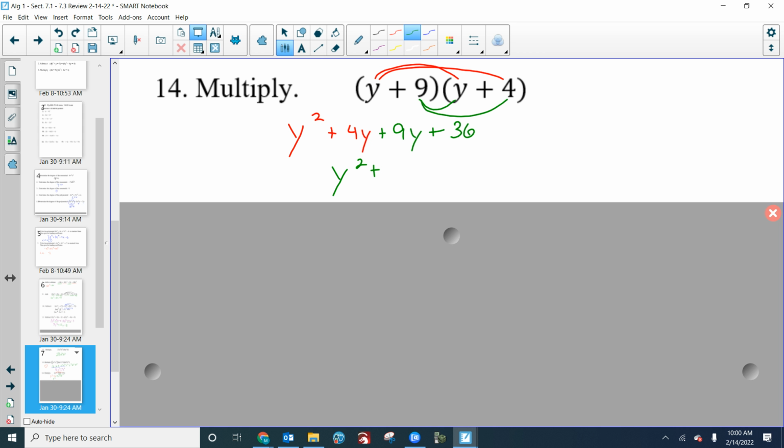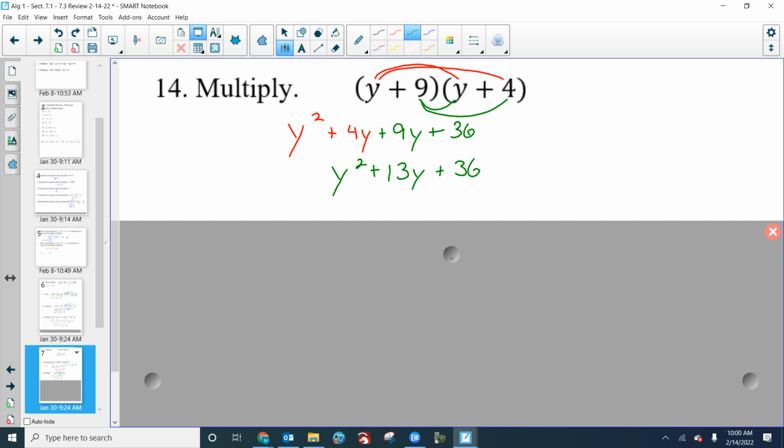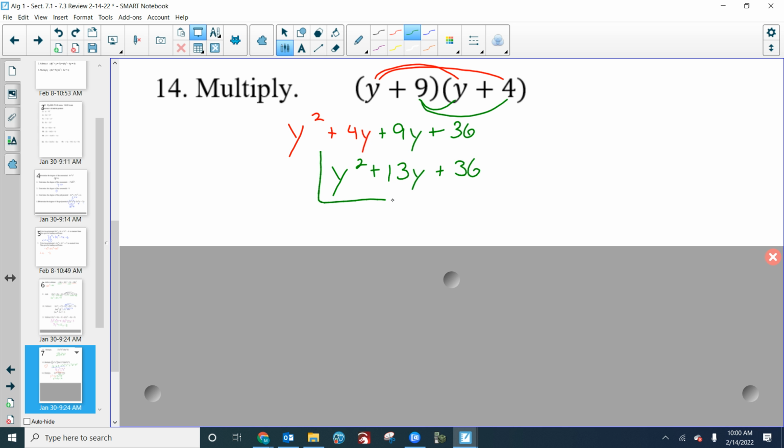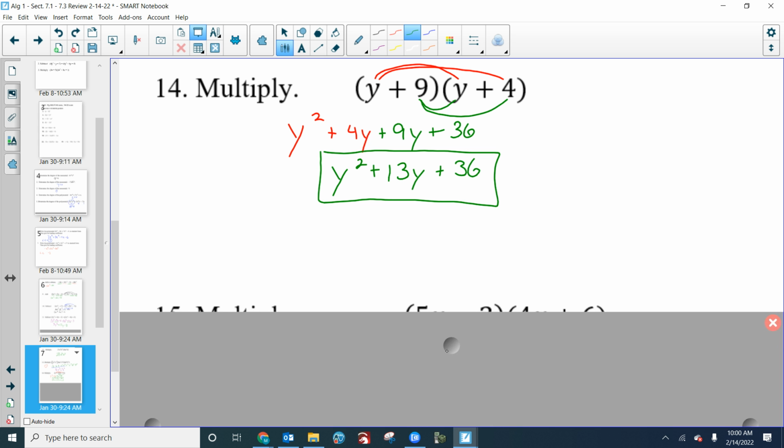When they combine, we get 13y or 13y squared? 13y, because you're adding. If I have 4 apples and I add 9 apples, now I have 13 apples. I'm adding. Y squared plus 13y plus 36 in standard form.